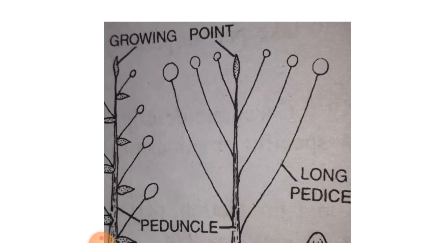The primary stalk of the inflorescence is known as peduncle, and the stalk of the individual flower is known as pedicel.